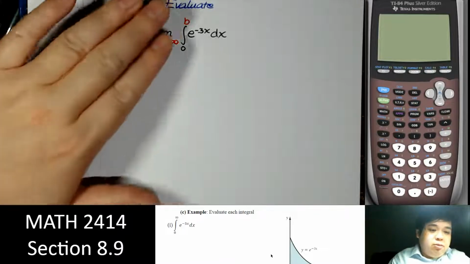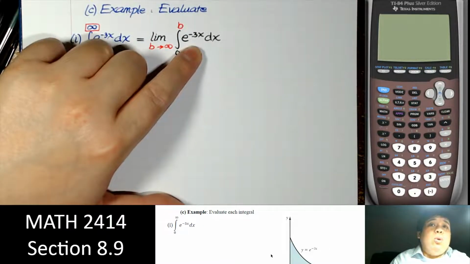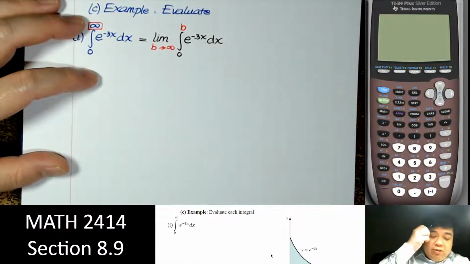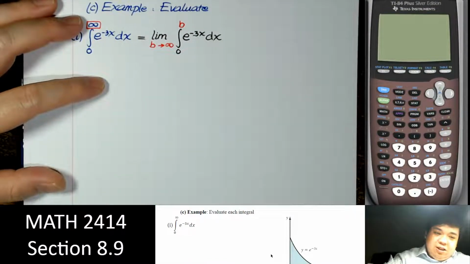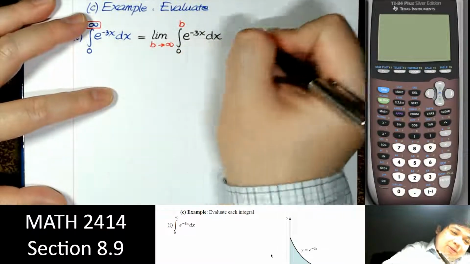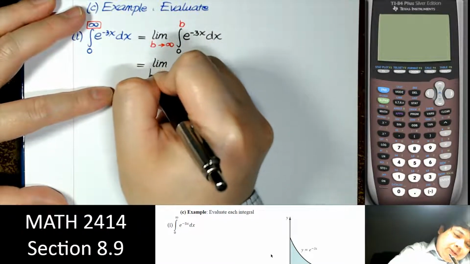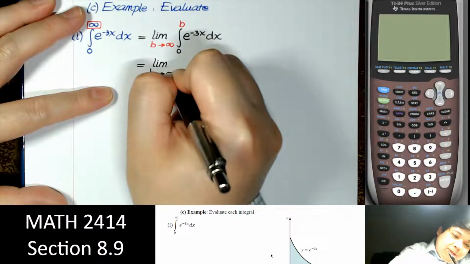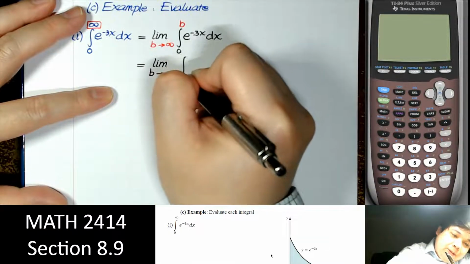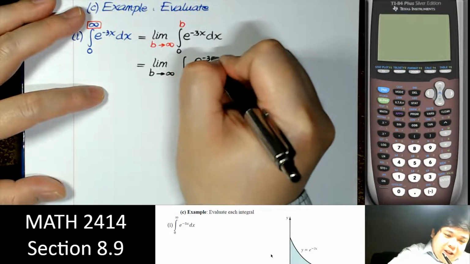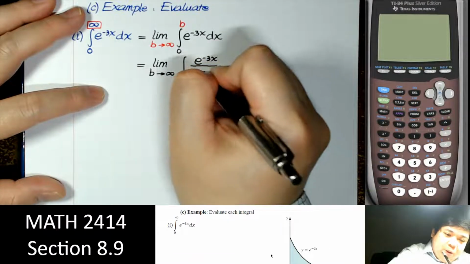Right. So, by the way, we did a bunch of this, right? What is the integral of e to the negative 3x? It is e to the negative 3x, the same thing, divided by negative 3.